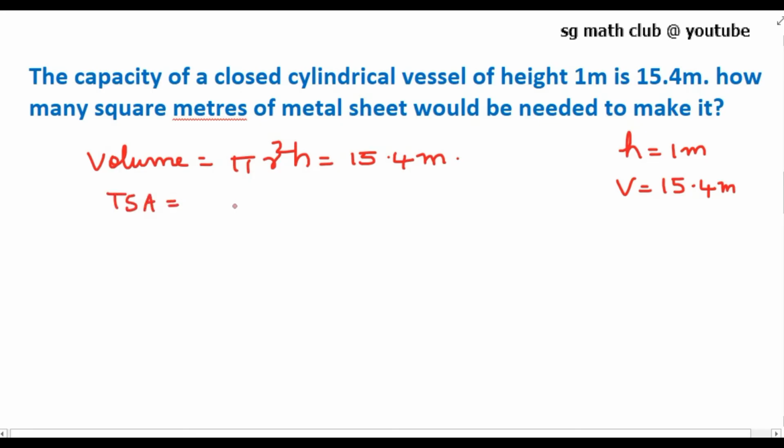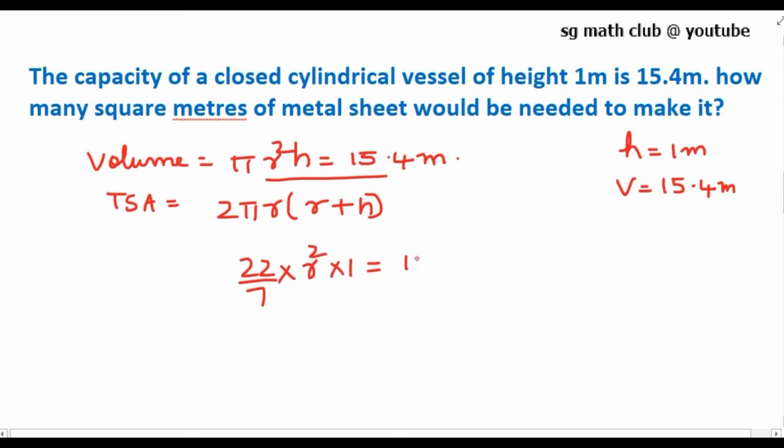TSA we need to find. To find TSA, we know TSA of the cylinder is 2 pi r into r plus h. So from this data, first we need to find r. We will substitute the value: 22 by 7 into r square, h is 1 meter, equal to 15.4.